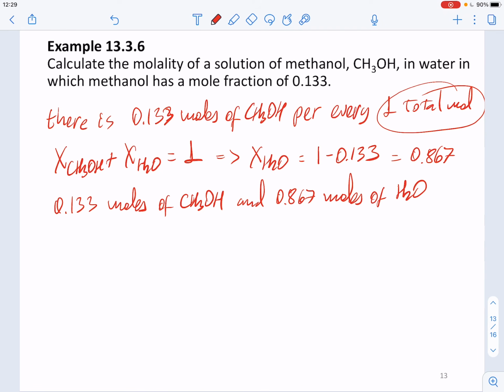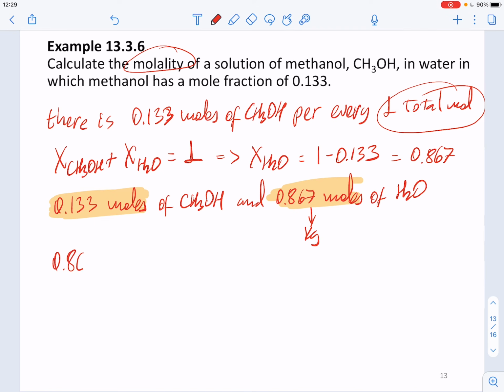Okay, since we are calculating molality, we already have our number of moles of solute, so we don't have to do anything else with that. But we need kilograms of solvent, and water is the solvent here, so we need to take these 0.867 moles of water and convert that to kilograms.